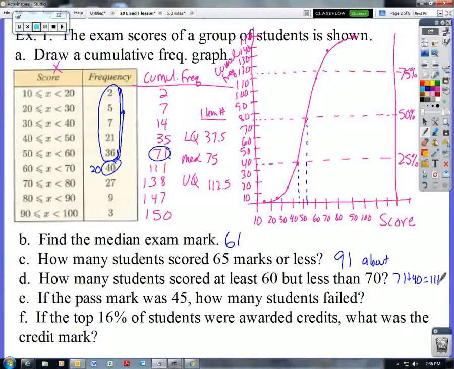How many students scored at least 60? Oh yeah. Sorry guys. I was doing it right the first time. But I just was getting a different answer. Back up. How many students scored at least 60? So if they did at least 60, that's these people here, but less than 70. I have 40, but in my notes I had 76. Now why did I have that?